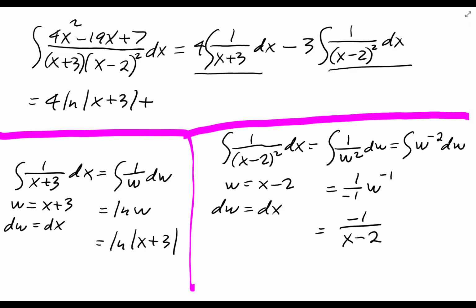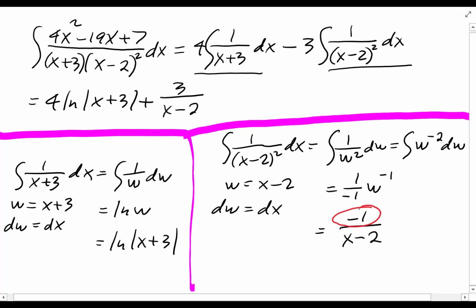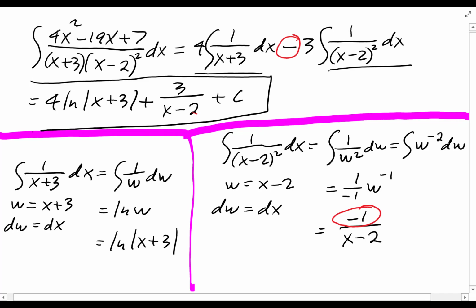It becomes plus 3 over x minus 2. You see what happened there? This minus and that minus canceled each other out to give us that plus. And we're finished. There's our antiderivative.